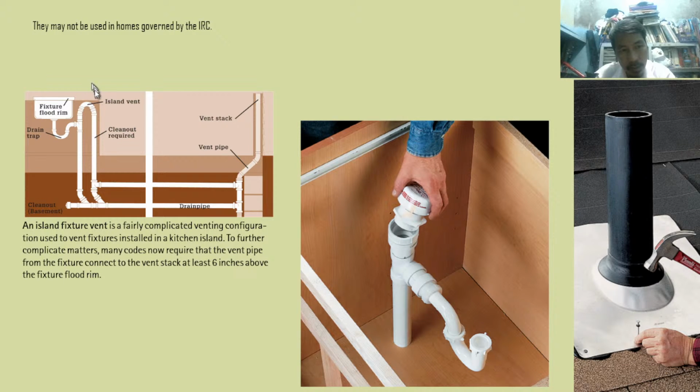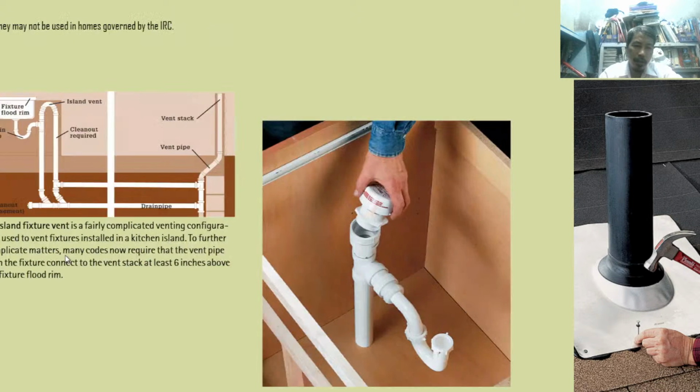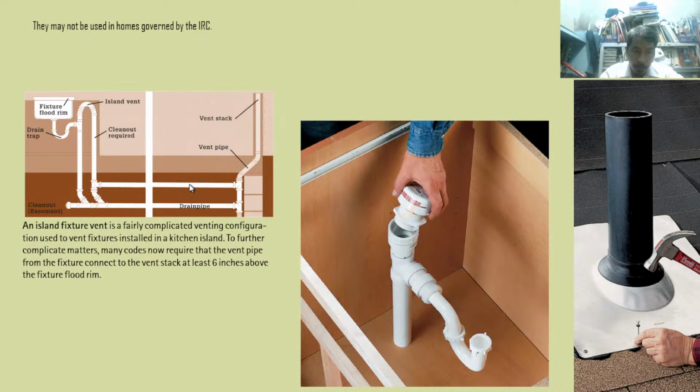This must be 6 inches above. Those are the requirements. If you connect an air admittance valve here, this must be 4 inches. But if this is only pipe, this must be 6 inches.